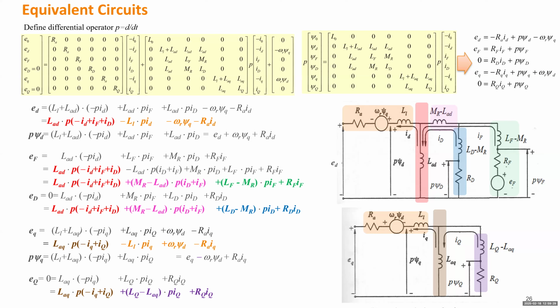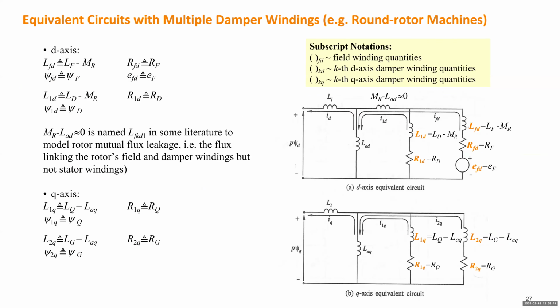For the DC source, there's only one, which is the field winding. There's no other DC source at all, because that's the only input of the entire system.